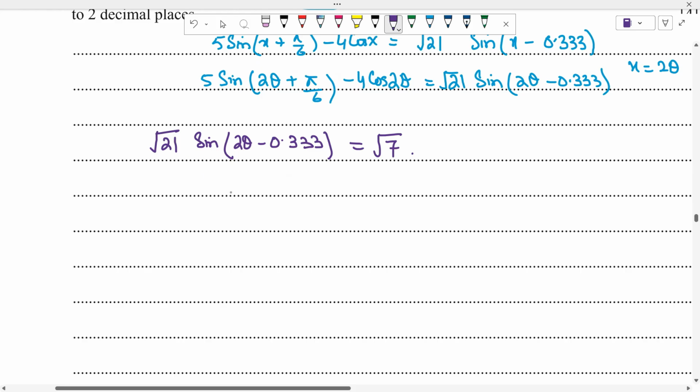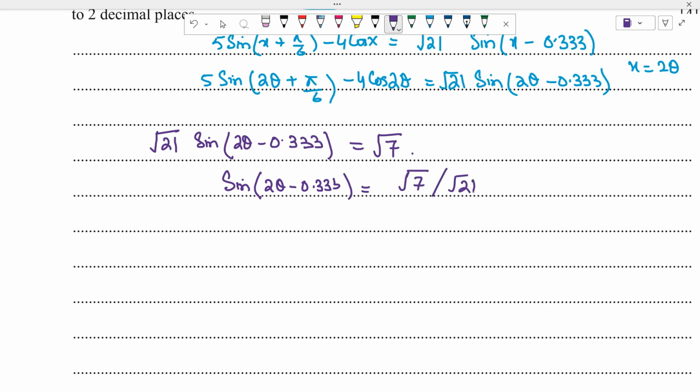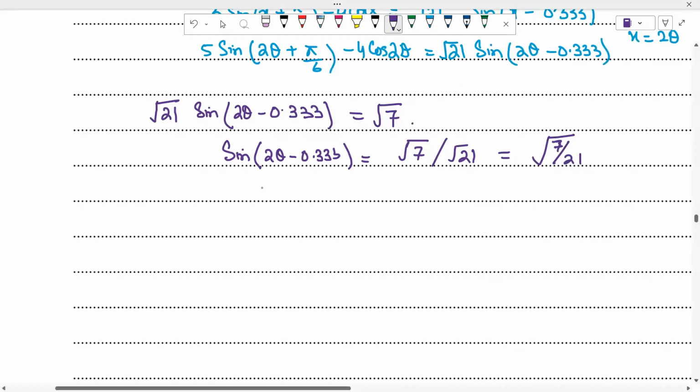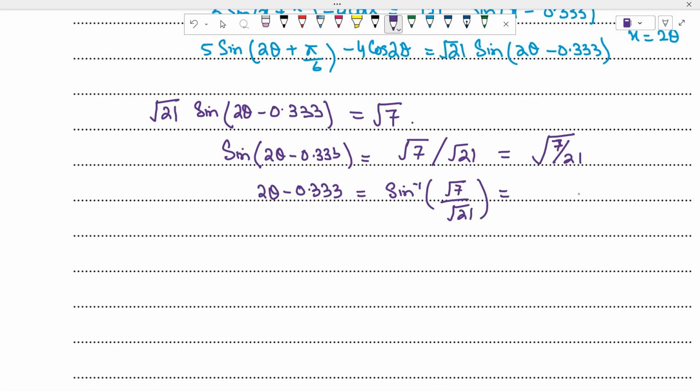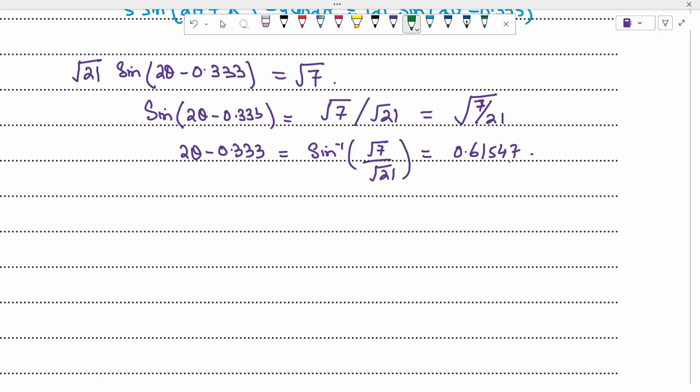Solving this, sine of 2 theta minus 0.333 equals root 7 divided by root 21, which equals root 7 over root 21. Now 2 theta minus 0.333 equals sine inverse of root 7 over root 21, which equals 0.61547. This is the base angle.